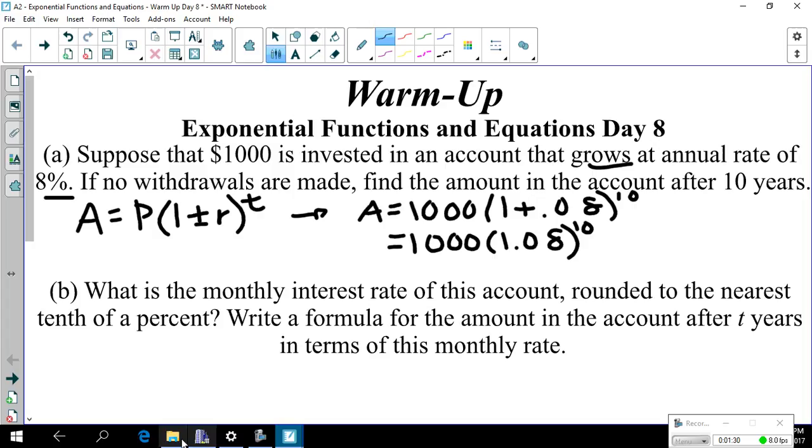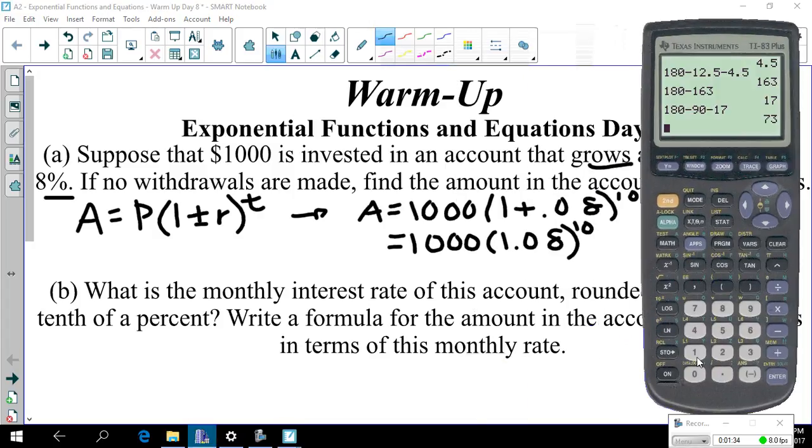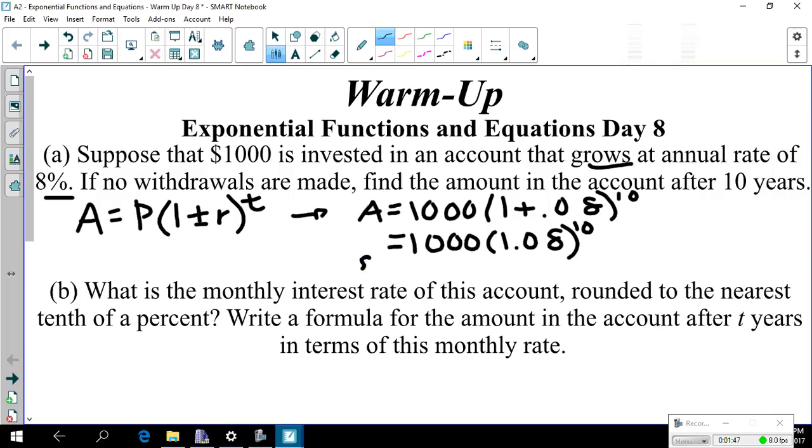Let me grab my calculator here, and we're just going to type that all in. 1,000 times 1.08 raised to the 10th gives us, to the nearest cents, $2,158.92. Okay, so that was the kind of easy exponential formula that we use, and that's when there's no words like compounding. It's just constant annual percentage rate.